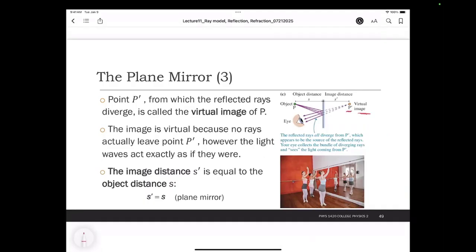However, the light waves act exactly as if they did. The image distance S dot is equal to the object distance S for the plane mirror, which means this distance equals this distance. Does that make sense to you?